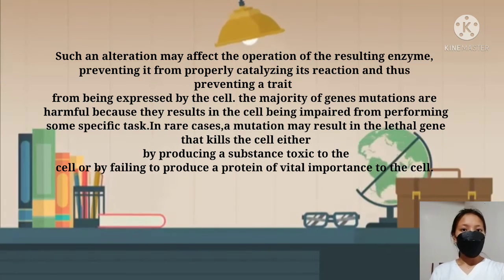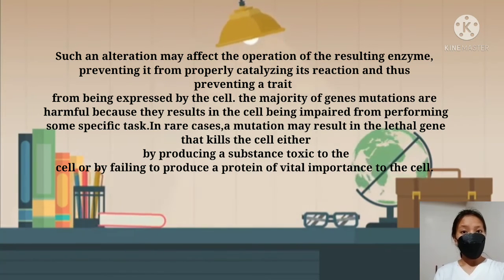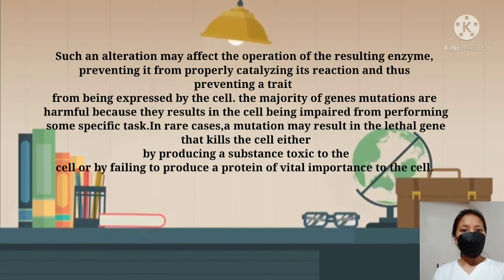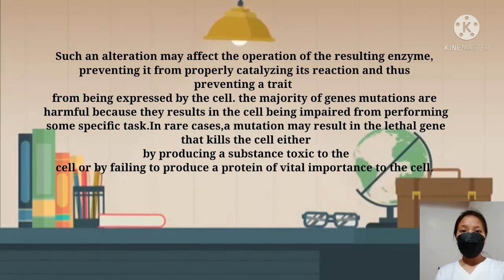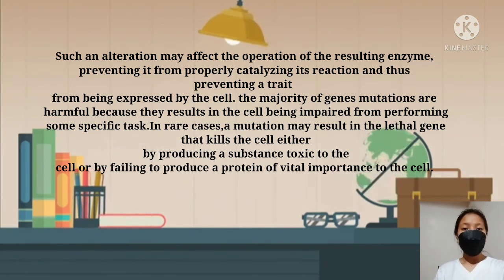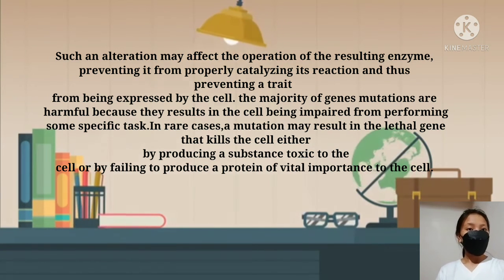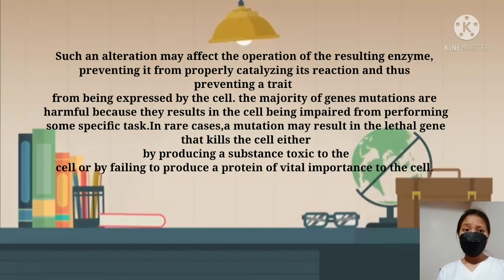The majority of gene mutations are harmful because they result in the cell being impaired from performing some specific task. In rare cases, a mutation may result in a lethal gene that kills the cell either by producing a substance toxic to the cell or by failing to produce a protein vitally important to the cell.